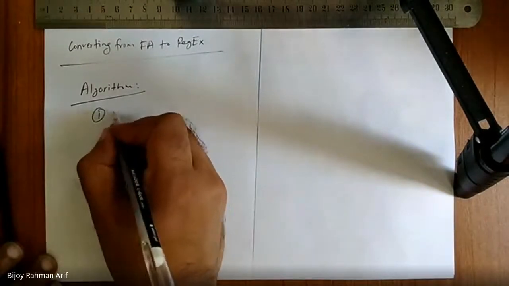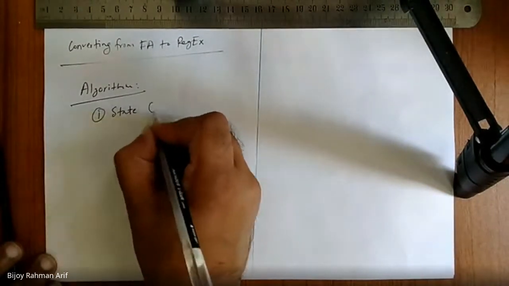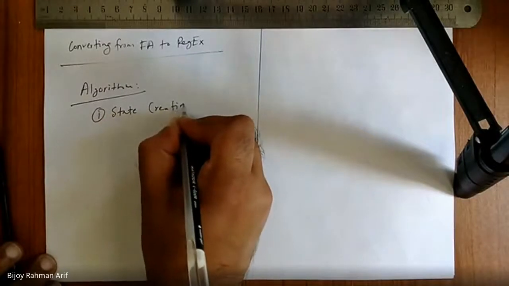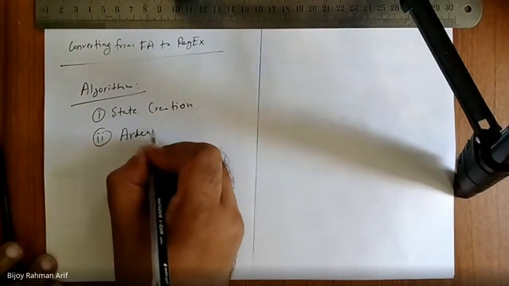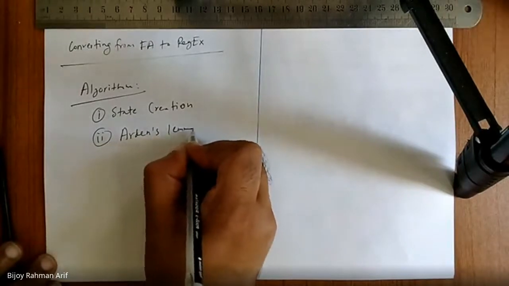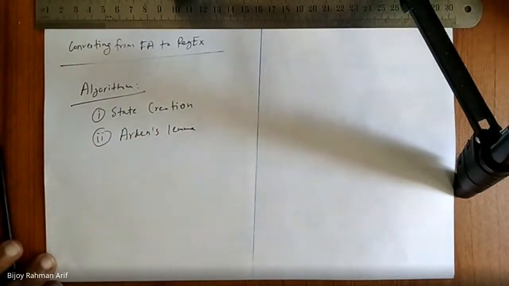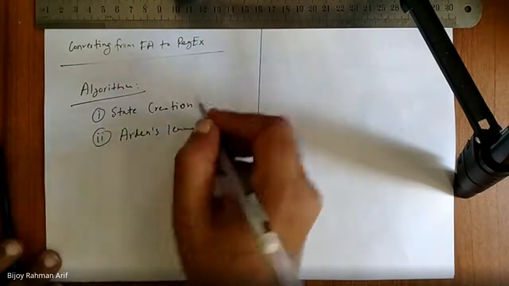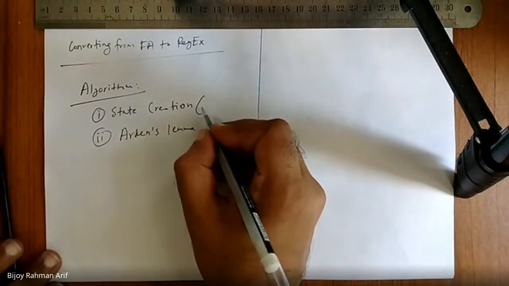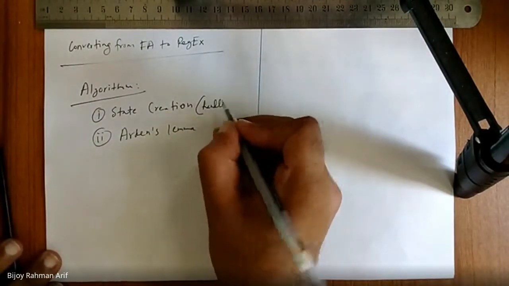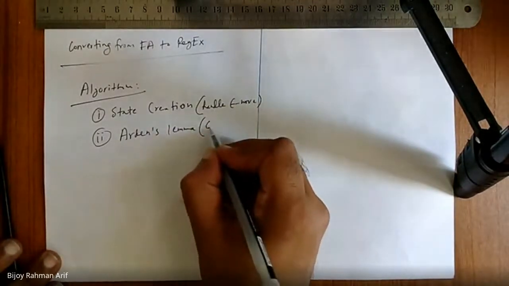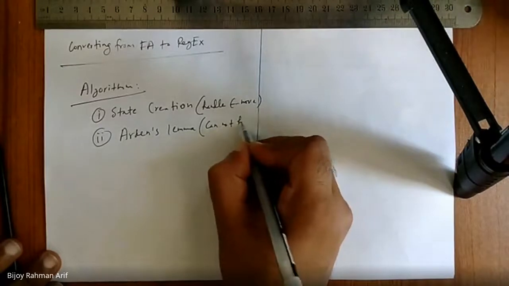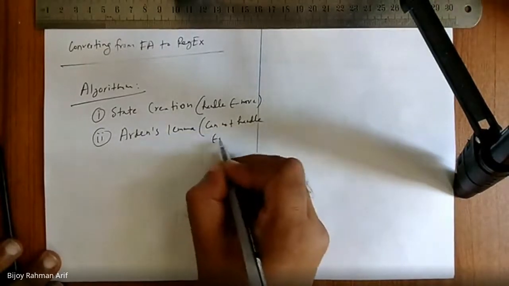একটাকে বলা হয় state creation, আরেকটাকে বলা হয় Arden's lemma. দুটোই শিখবো. One is state creation, আরেকটা হচ্ছে Arden's lemma. State creation can handle epsilon move, but Arden's lemma cannot handle epsilon move.